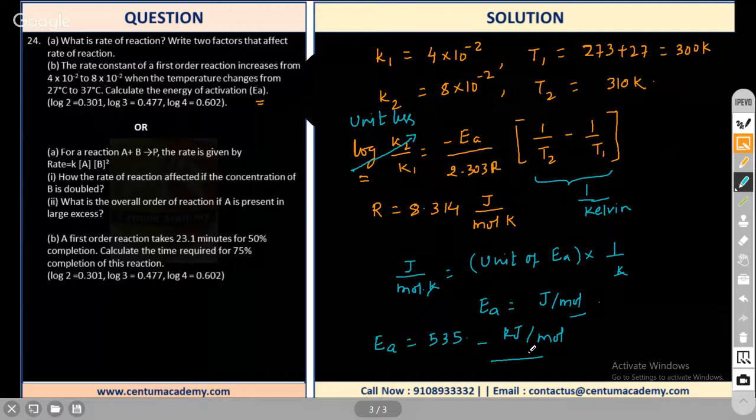Next question. For a reaction A plus B gives P, the rate is given by this. How is the rate of reaction affected if the concentration of B is doubled? Tell me.